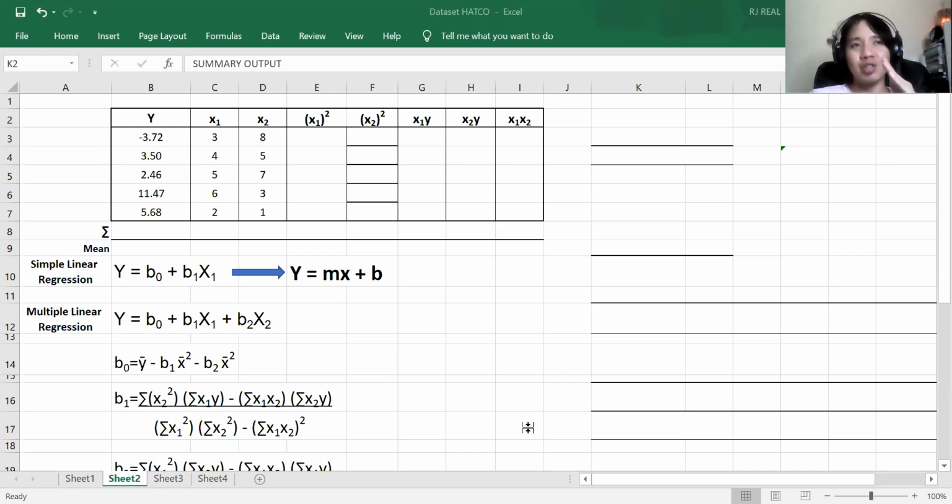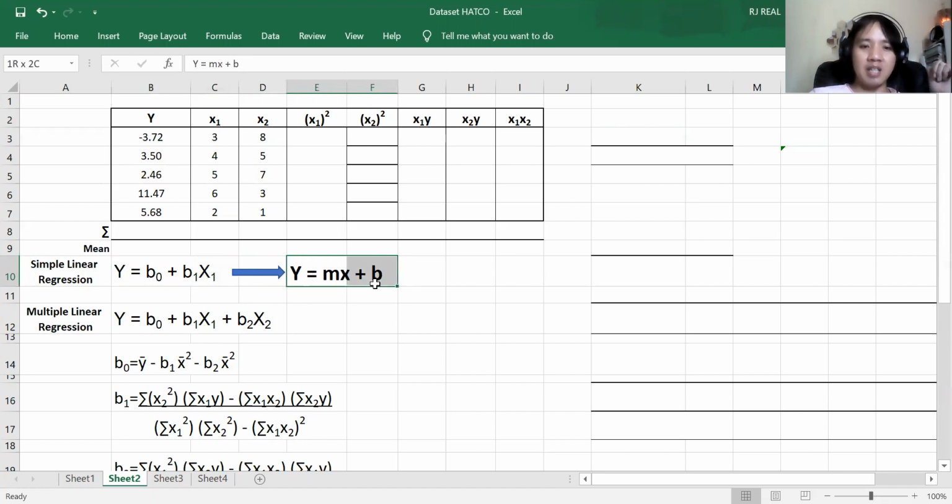Magkaiba lang yung notation or yung letters, to make things easier to understand. Here, as you all see, this is the simple linear regression function.